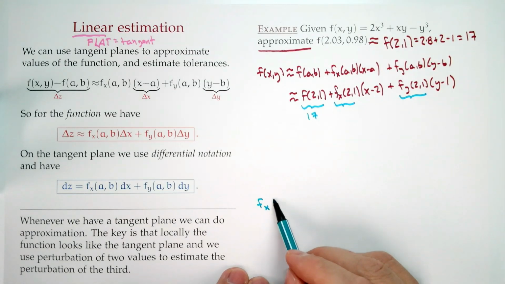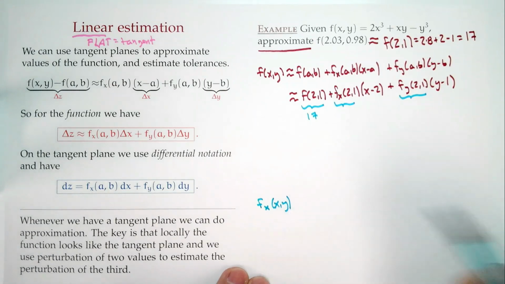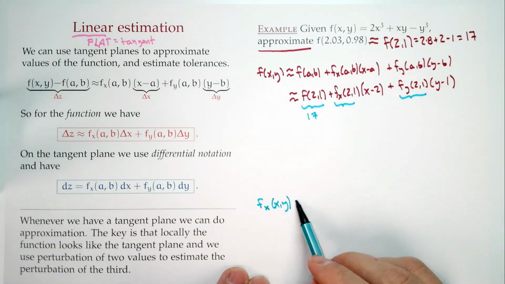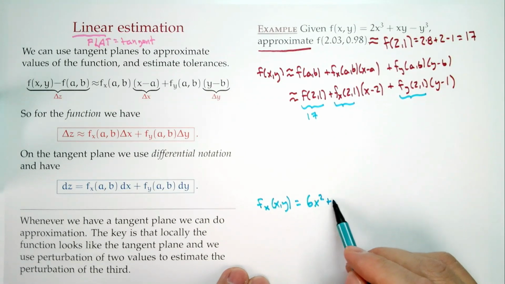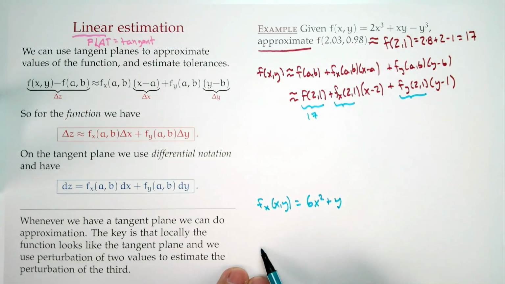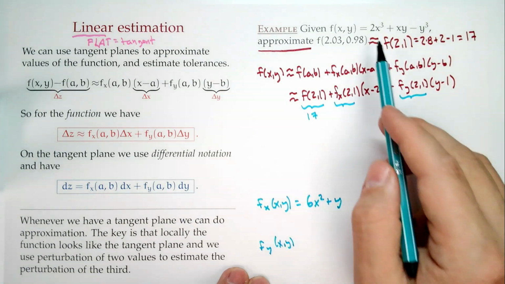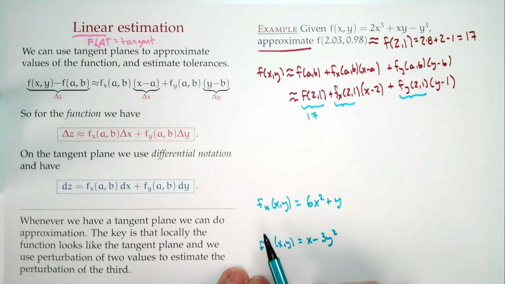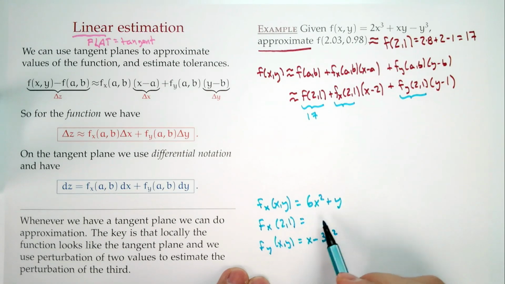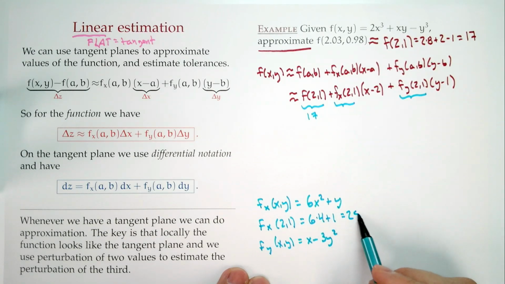F sub x, well, first we'll find the generic term. That would be 6x squared plus y. And f sub y would be x minus 3y squared. So f sub x at 2, 1 would be 6 times 4 plus 1, which is 25.